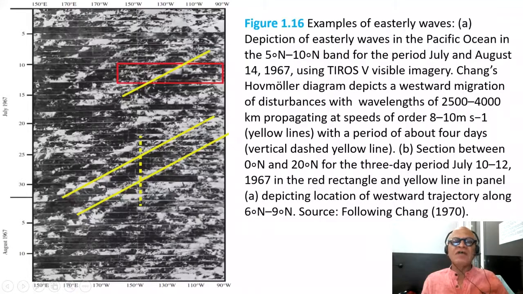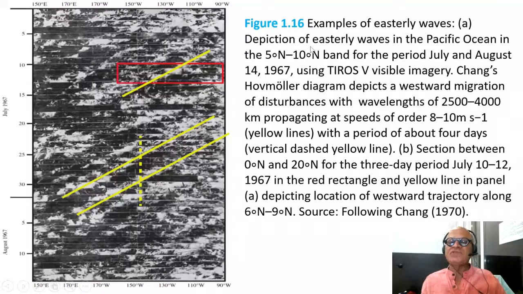We are looking at 5 north to 10 north visible imagery from a satellite. There are various wavelengths and wave speeds we can calculate from the satellite images, and the rectangle here shows westward trajectory around 0 to 20 north.